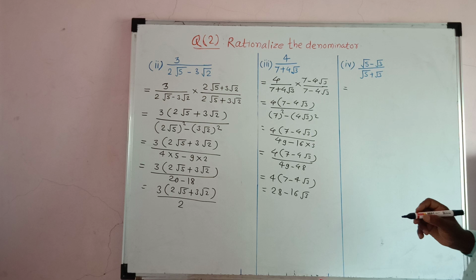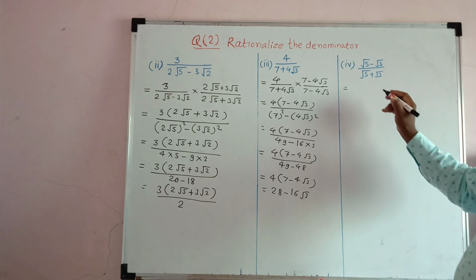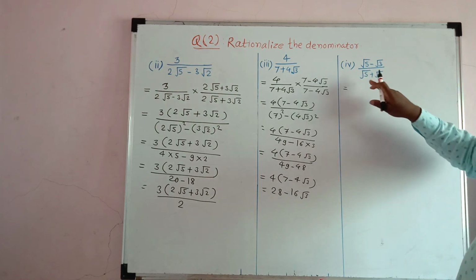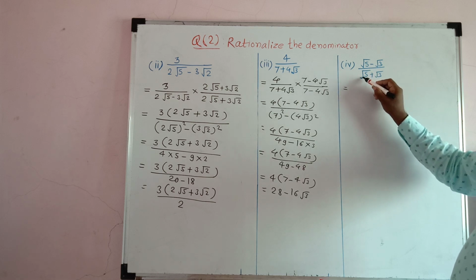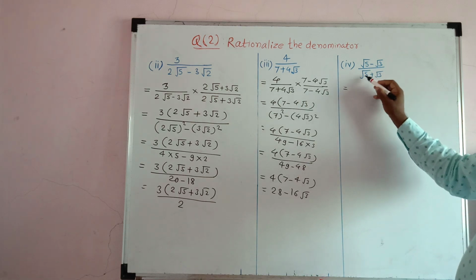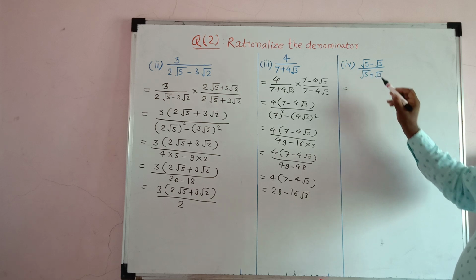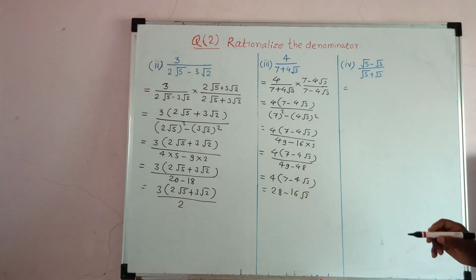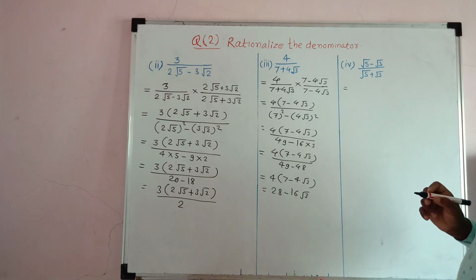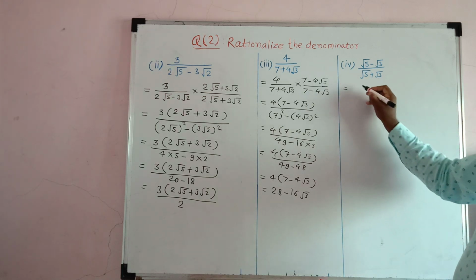Now let us solve example number 4. Example number 4 is (√5 − √3) upon (√5 + √3). We have to rationalize the denominator, and the factor in the denominator is √5 plus √3, and the rationalizing factor of this term is √5 minus √3. Therefore we multiply numerator and denominator by √5 minus √3.